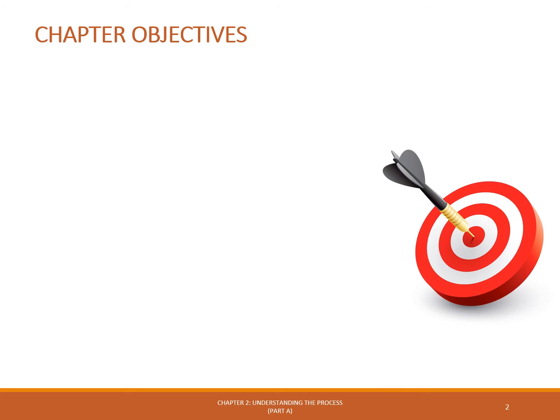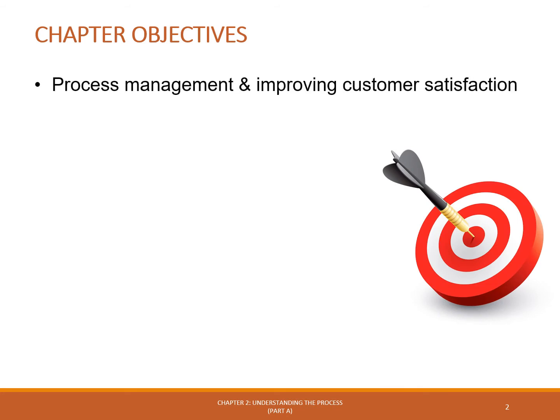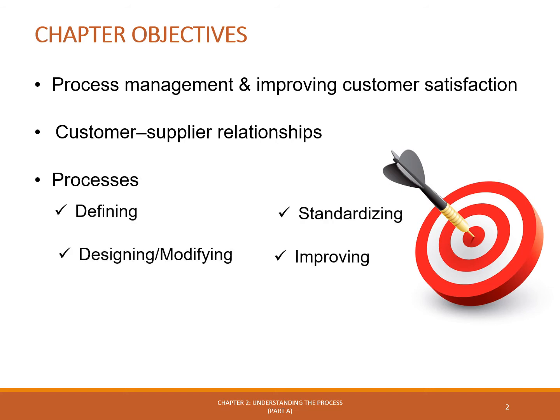Let's start with the objectives of this chapter. We're going to start with a further examination of the concept of process management and improving customer satisfaction. Next, we will introduce a systematic approach to understand the customer-supplier relationships and defining, standardizing, designing, modifying, and improving a process.